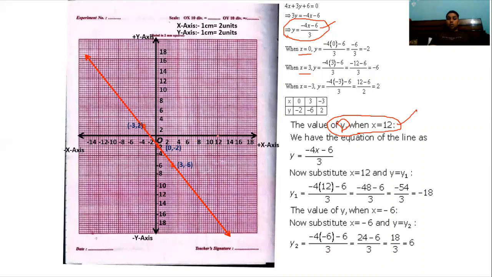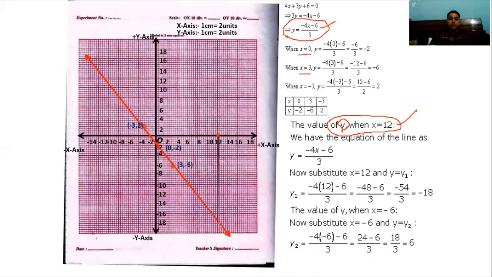We drop a perpendicular from this point 12 onto this line. When we drop it, it will meet the line at this particular location.